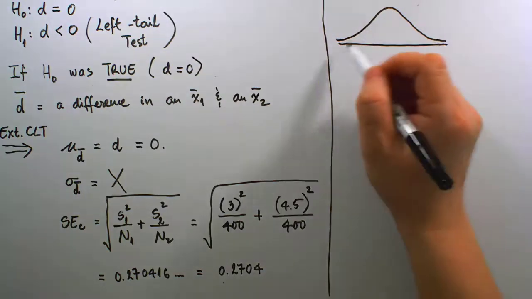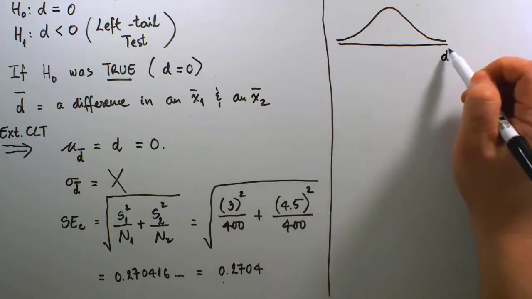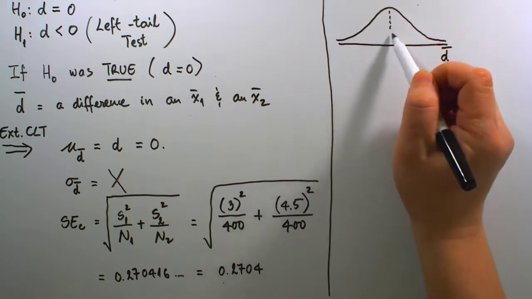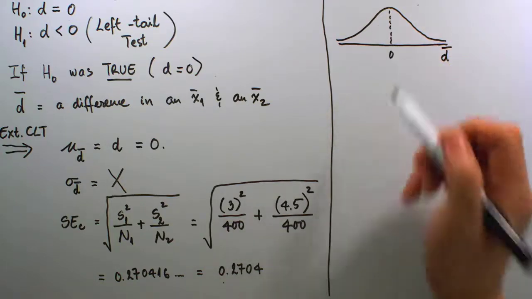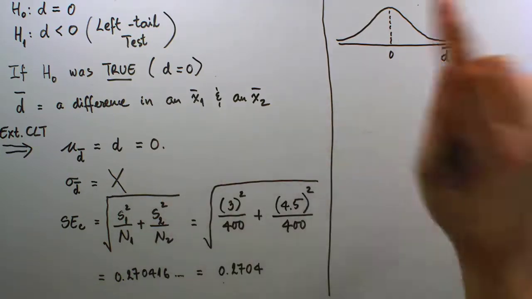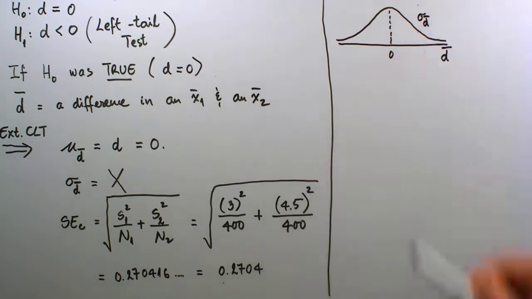On the horizontal line, any value of a d bar can be placed there. The center for this bell curve will be for sure at 0, according to the extended central limit theorem. We don't know the actual sigma d bar, but this can be used as a close enough approximate, and I will show how useful that close enough approximate of the sigma d bar is.